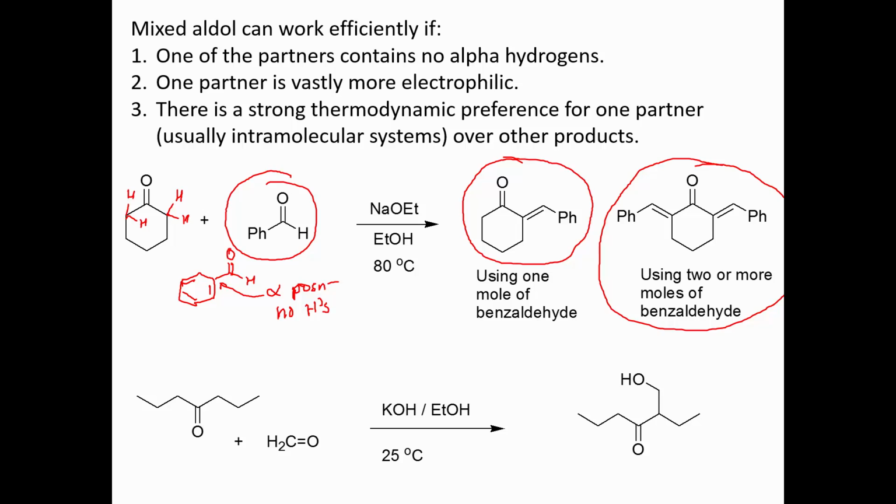The condensation of this compound, I guess it's 4-heptanone, and formaldehyde. We're going to react this at 25 degrees C, and we could expect to form primarily that aldol product, because again, this has no alpha hydrogens and it can be an aldol acceptor only.